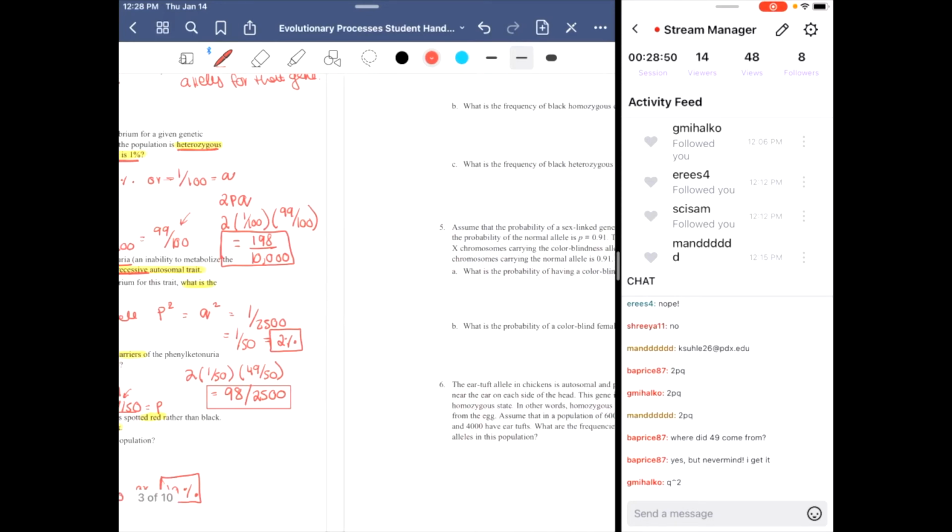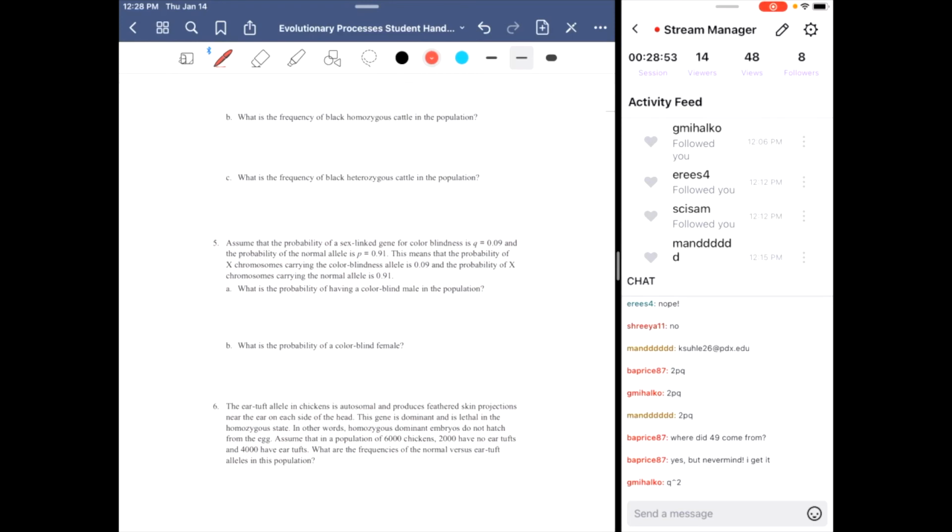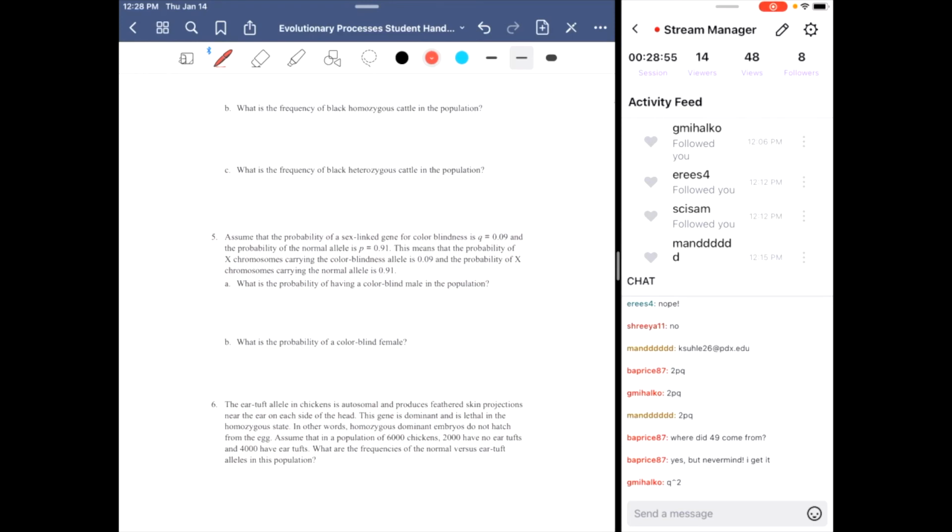All right, let's go to part B. What is the frequency of black homozygous cattle in that population? So again, we can use p squared is equal to (1 minus q) squared.